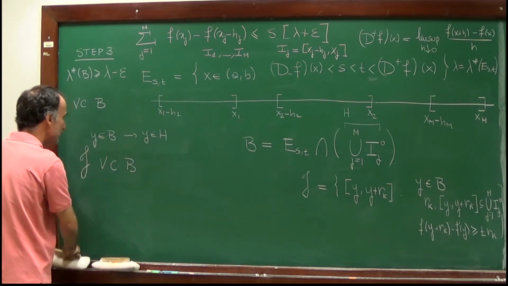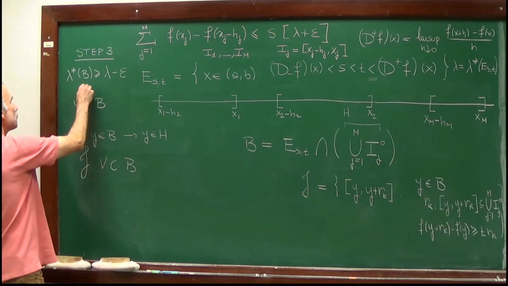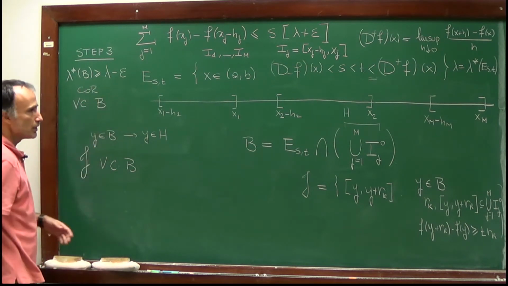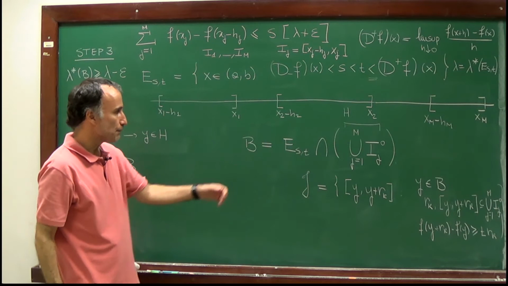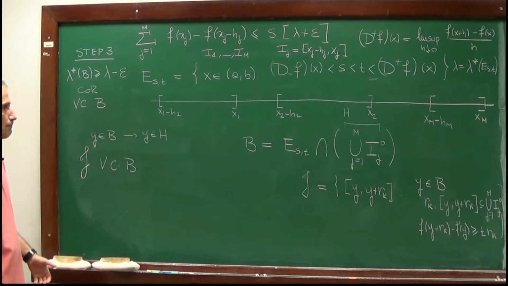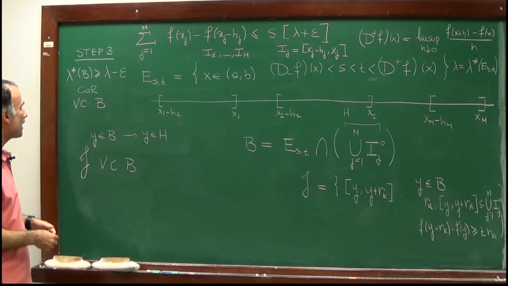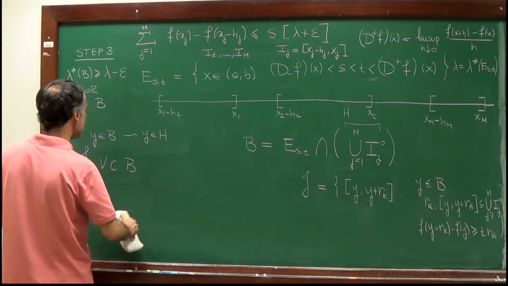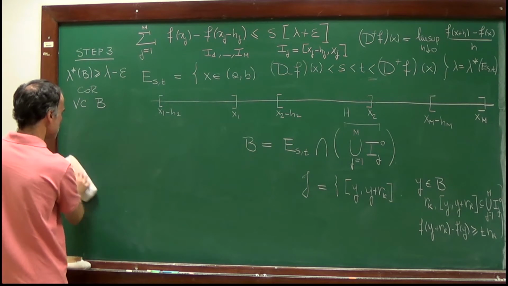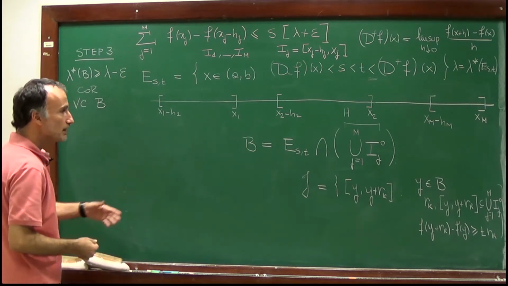Now let's apply the corollary of the Vitali covering lemma. J is a family of intervals which forms a Vitali covering of B. Therefore, by the corollary of the Vitali lemma, we can find a subfamily.